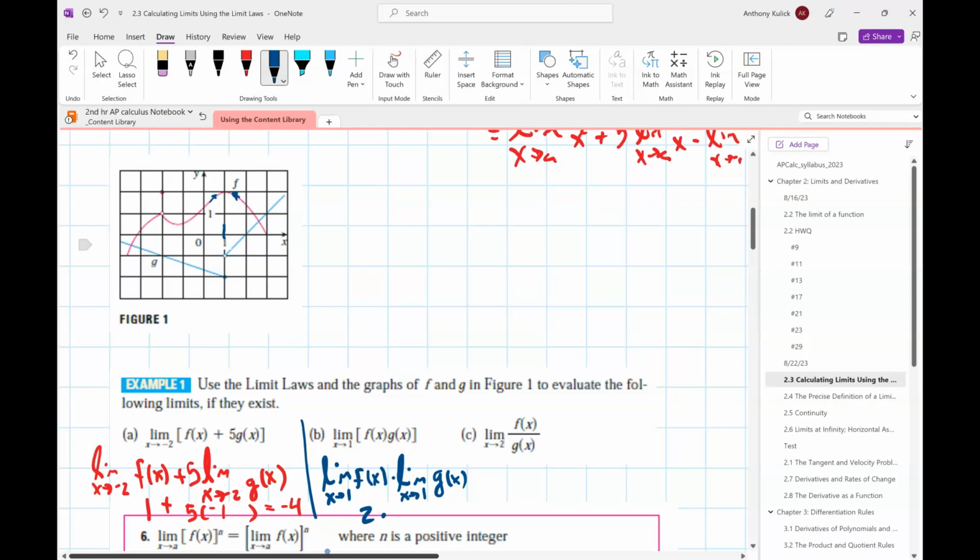If I go down and look at the g of x, well, what do I notice here? What's the limit as x approaches 1 of g of x? It doesn't exist because the left-hand limit goes to -2 and the right-hand limit goes to -1.